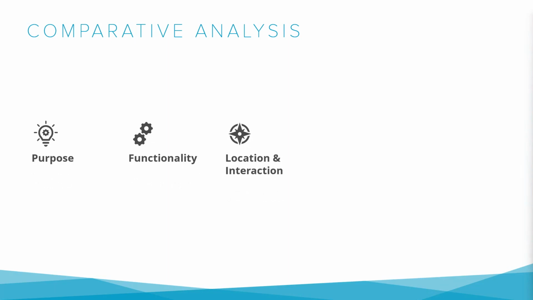Third one is location and interaction, where they suit well. Gateway aggregation sits at the edge of the system and interacts directly with the clients, as we have seen already, forwarding requests to the appropriate services.